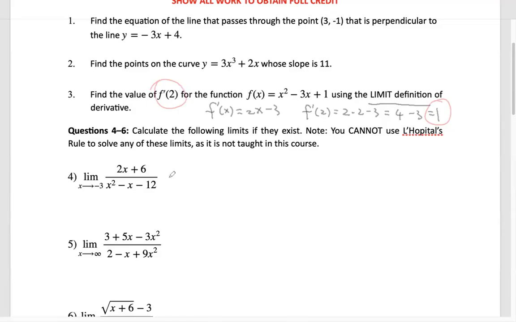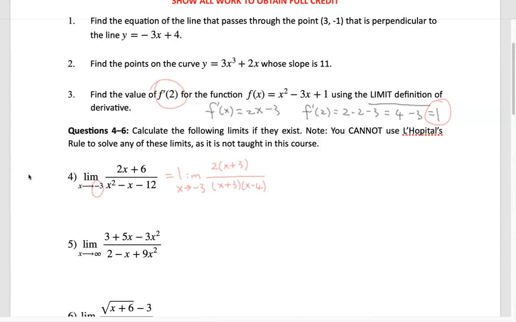Now, let's see this one. If we plug in negative 3 into this, we get the denominator to be 0. So we need to factor this. So factor out 2 from the numerator. And the denominator we can factor as x plus 3 times x minus 4.